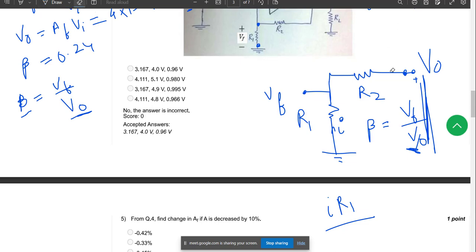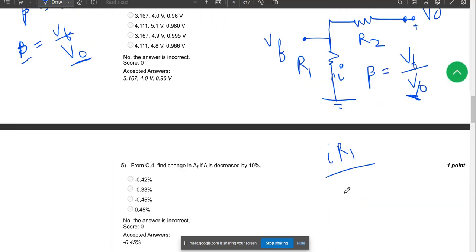VO will be equal to I into R1 plus I into R2. So I cancels, and we got R1 divided by R1 plus R2 equal to beta, right?